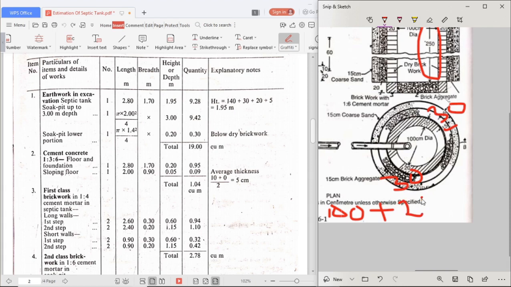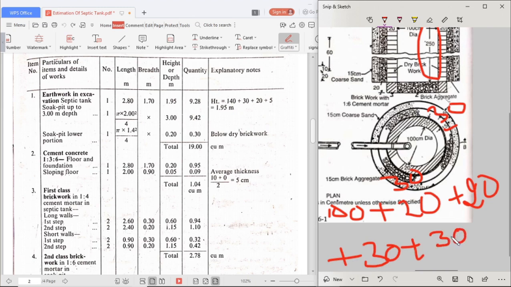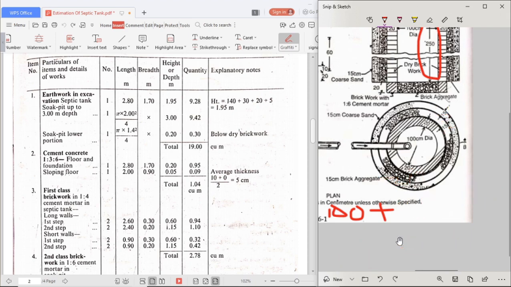So 100 plus 20 plus 20, 140, then 30 plus 30. You will get 200 centimeter. Fine. 200 centimeter. So when we write, it will become 2 meter.